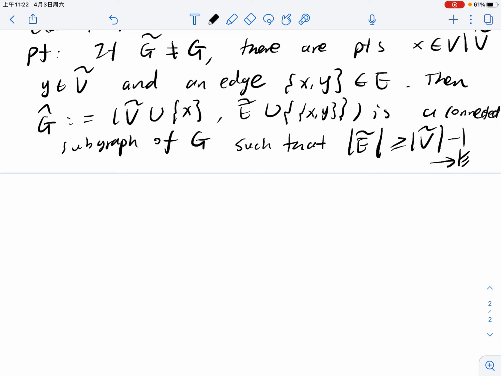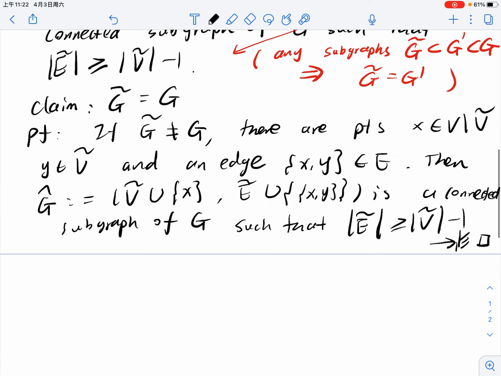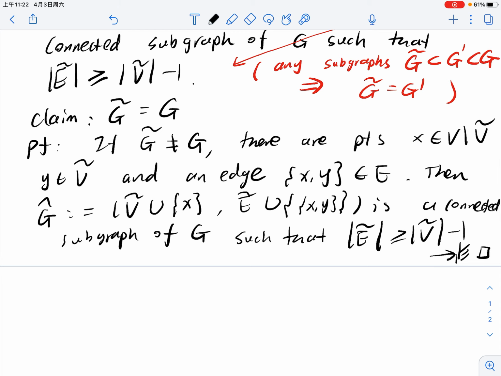So this is a contradiction. Therefore we prove the theorem.